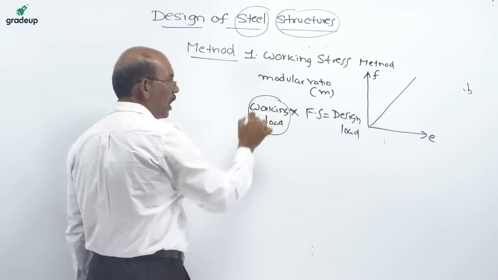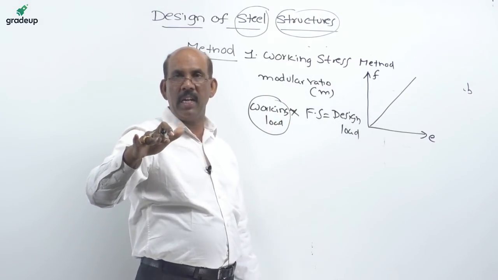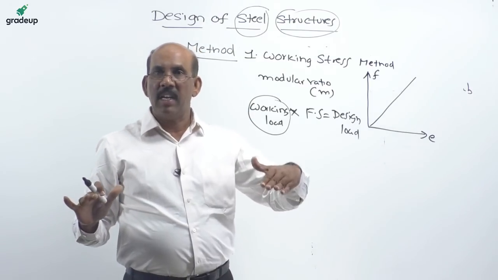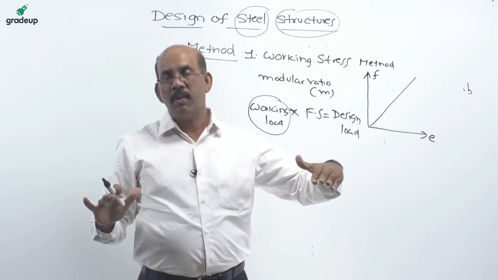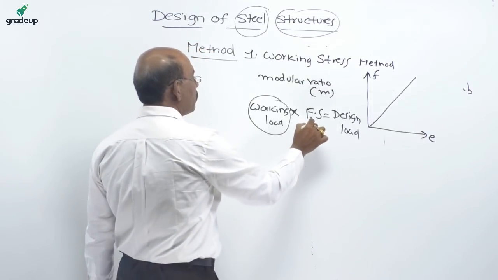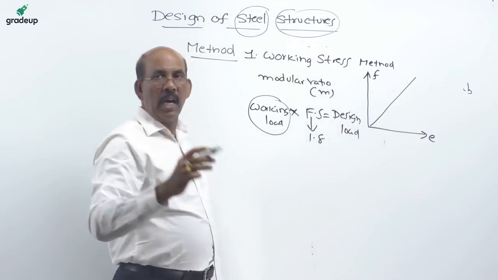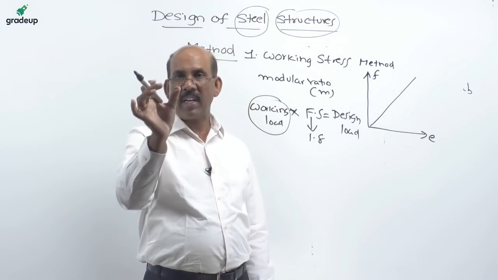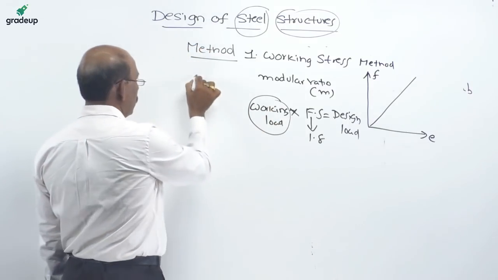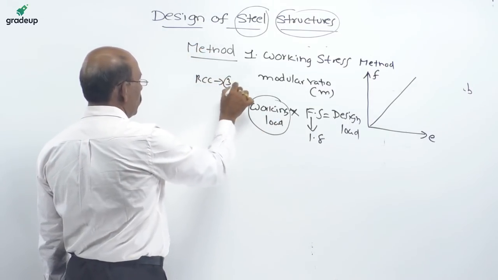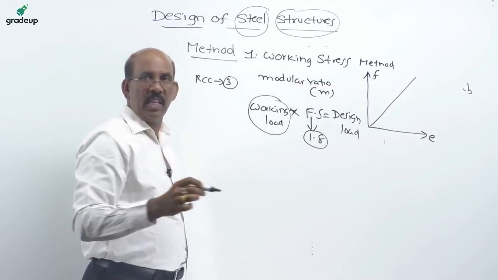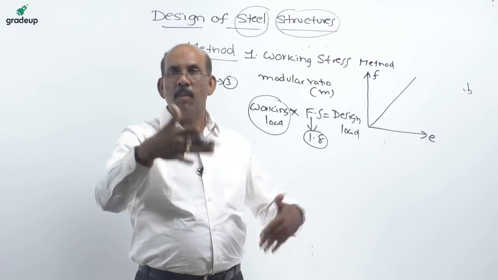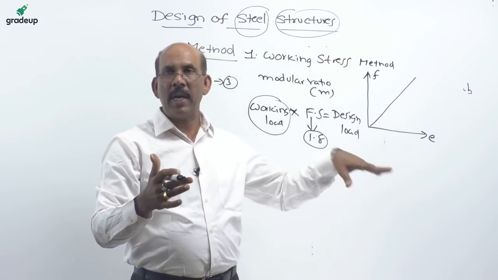These working loads depend on the type of structure considered. For steel structure in the working stress method, the old factor of safety is 1.8, whereas for RCC the earlier factor of safety was 3. So now you can see this factor of safety is very high, and naturally the design load considered is more compared to the present one.